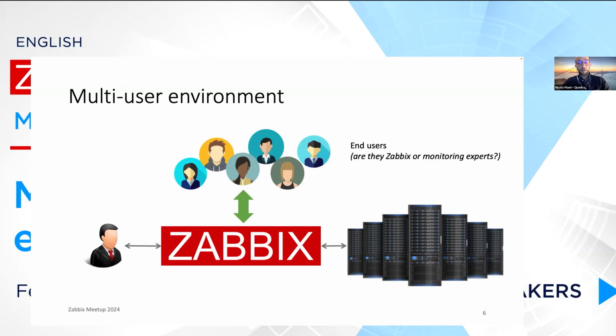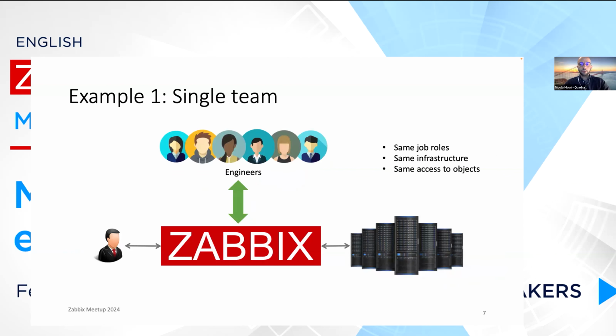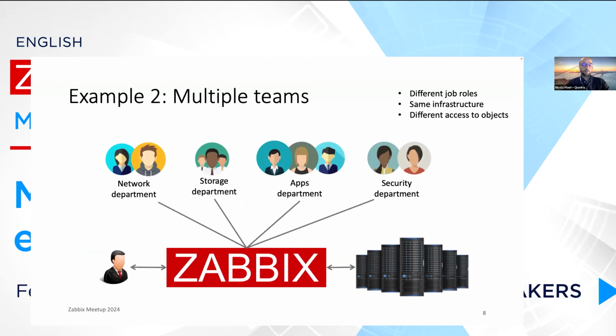Let's see some multi-user environment examples. If you're lucky, you have just a single team with people with the same job role, who work on the same infrastructure and need the same access to hosts. But in most cases, your users will have different job roles and probably different requirements and technical backgrounds.